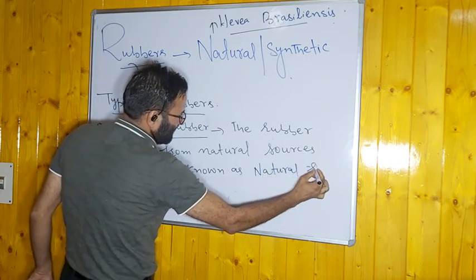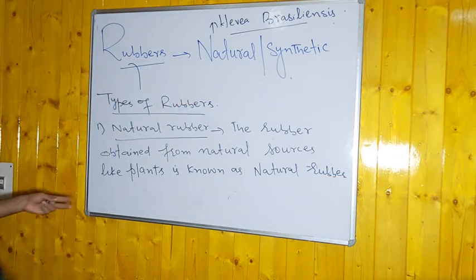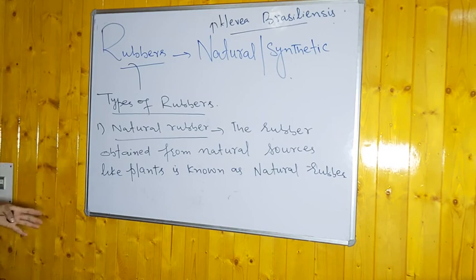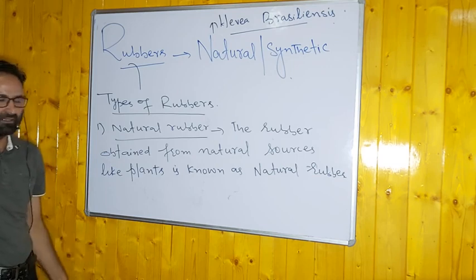This is the simple definition of natural rubber. Remember this point. The natural source here is a plant, and that plant is known as the rubber tree. We will discuss this in this very lecture, inshallah.